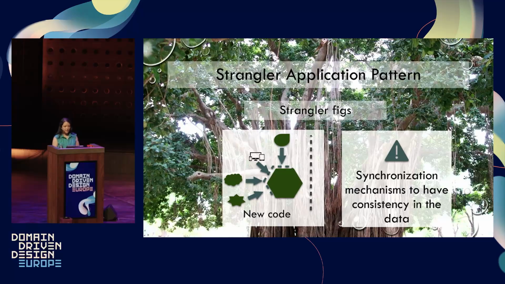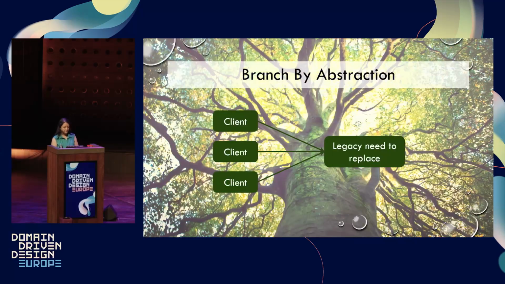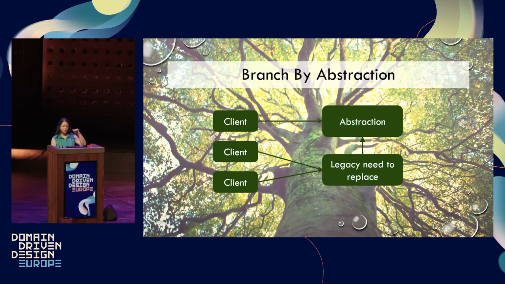Okay. The second pattern, the branch by abstraction, is another technique which allows us to make a large-scale change in a system in a progressive way. So how does it work? We have many clients facing a legacy that we want to replace. So the idea is to create the abstraction that is used by one client.